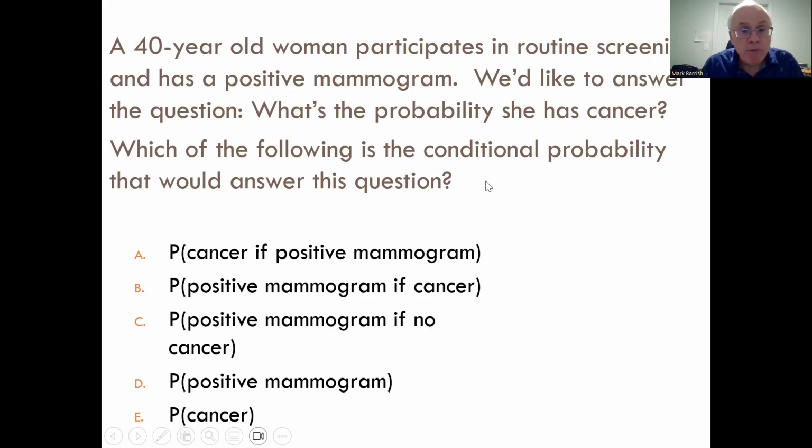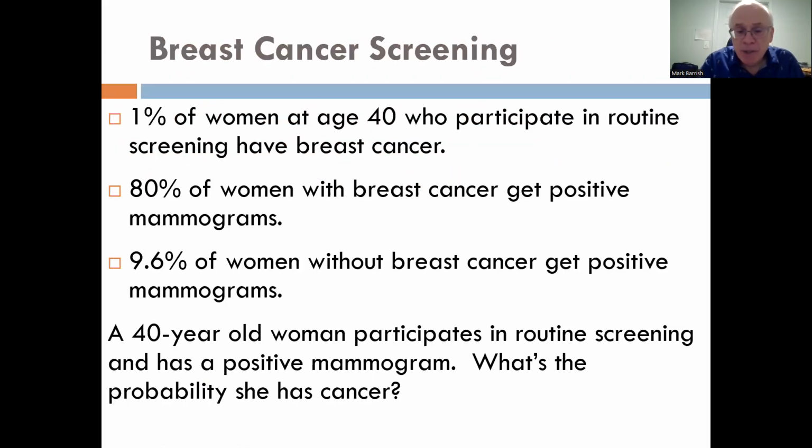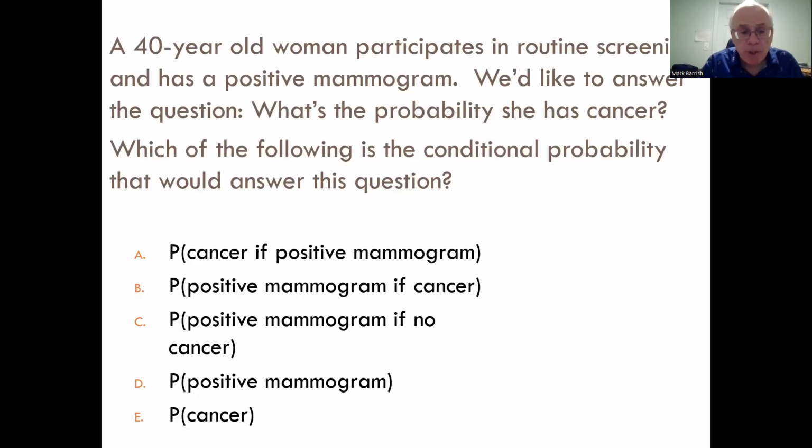Which of the following is the conditional probability that would answer this question? It is not a conditional probability. So it's a trick question. What's the probability she has cancer? That's simply E. Now, to calculate it, you may need to use conditional probabilities, but the point is that they're just asking what's the probability she has cancer.